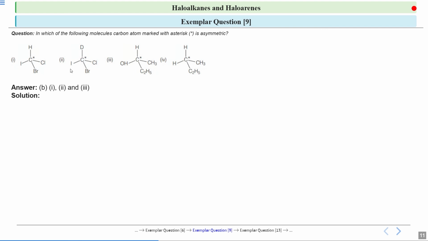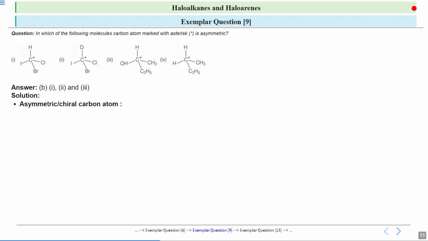Okay, so for this question, your correct answer is option B, that is first, second, and third. That means first molecule, second molecule, and third molecule. So, first of all, let's understand the concept of asymmetric carbon or chiral carbon.